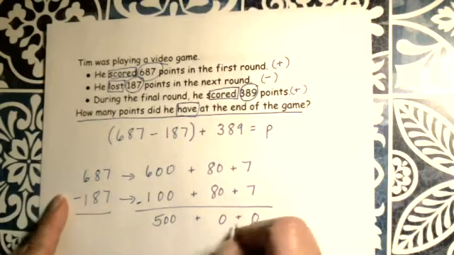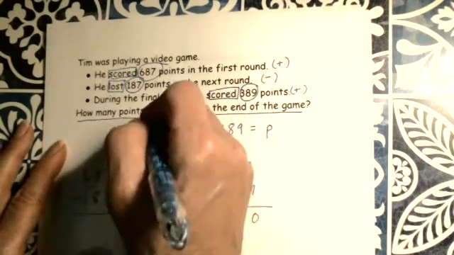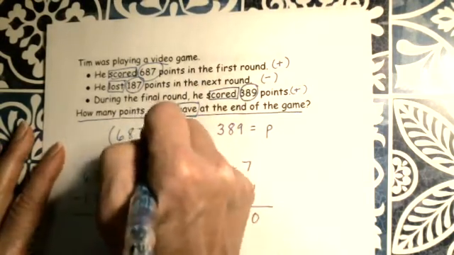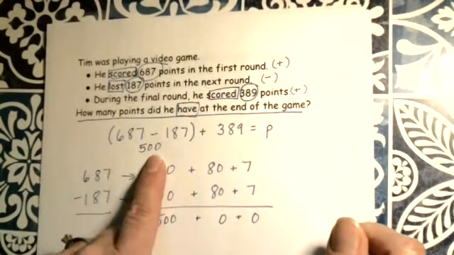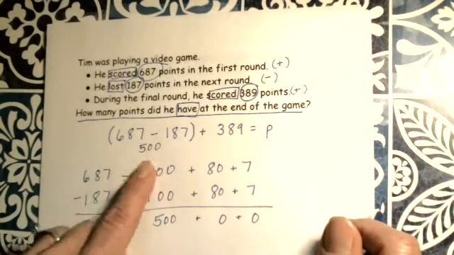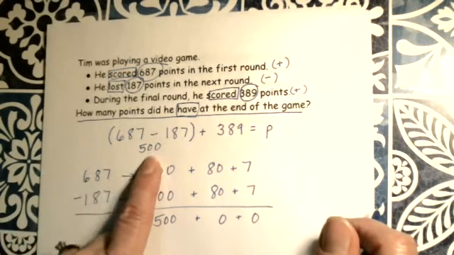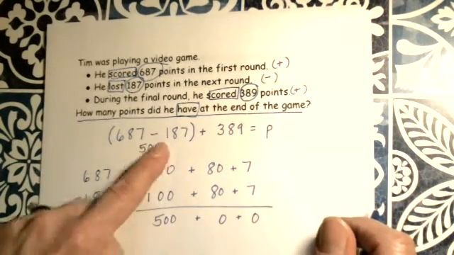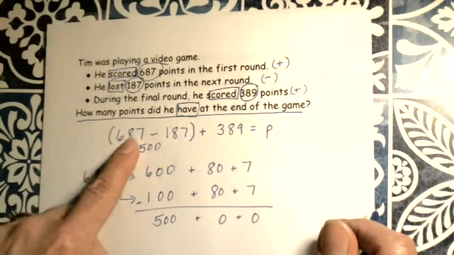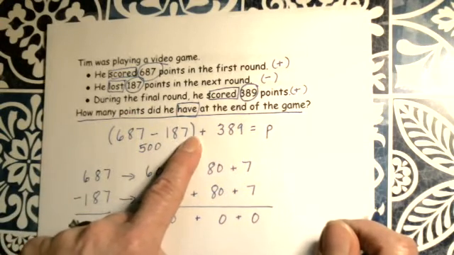So my answer for this first part is 500. That's just the first part. I'm not done. So if I put the 500 here, it will remind me that I'm not done. That 500 just represents the 687 minus 187.